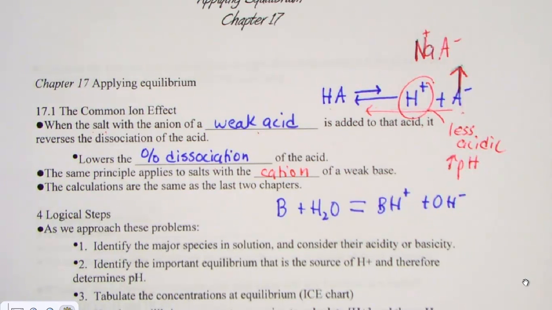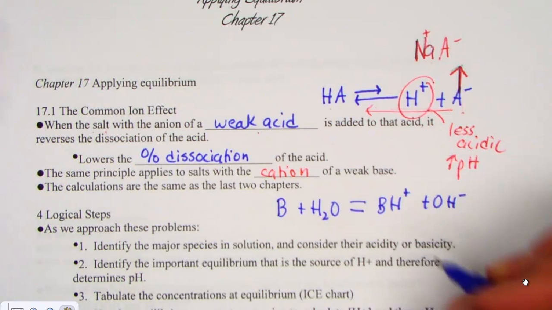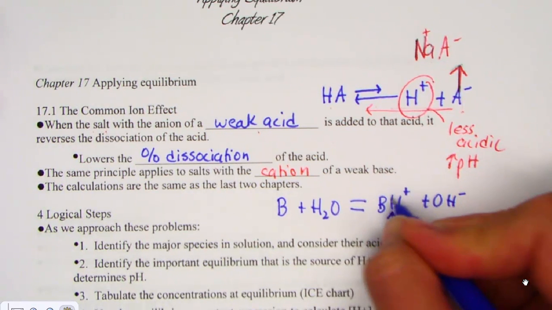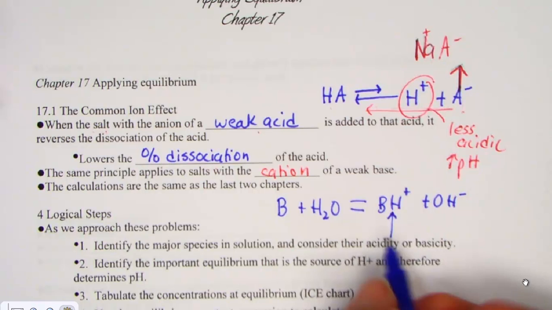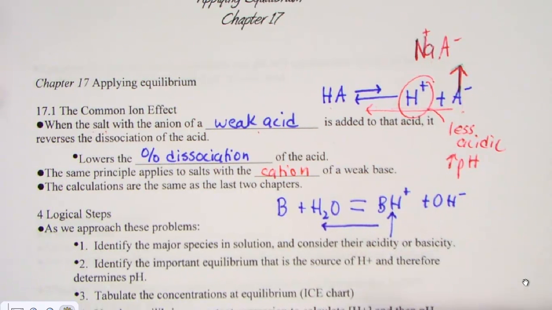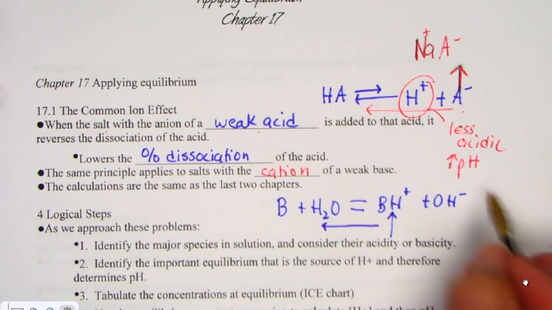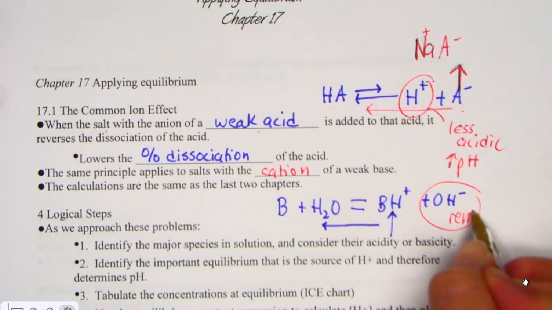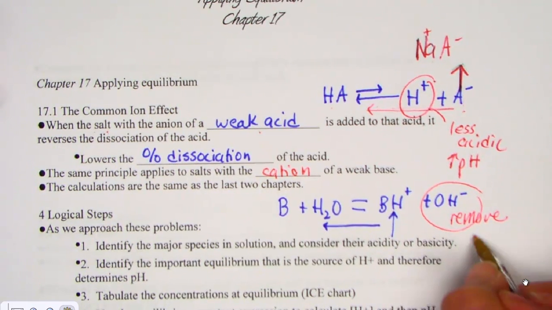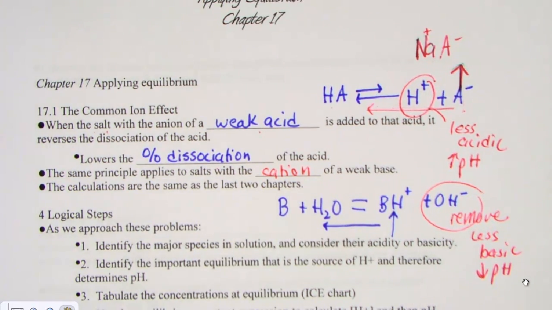Ammonium chloride, or thinking of something that's in common. Well, the stress says, well, what if we add more of that same first name? Literally, we force that equilibrium left, and when we do so, we remove the base ion, so it becomes less basic, or literally drops the pH as it becomes more and more acidic.